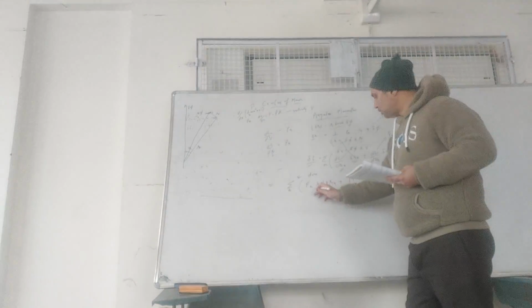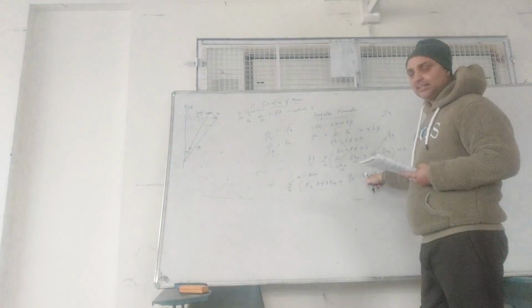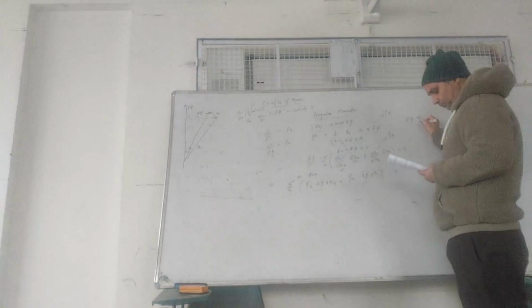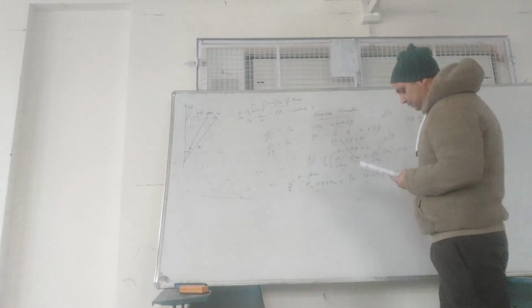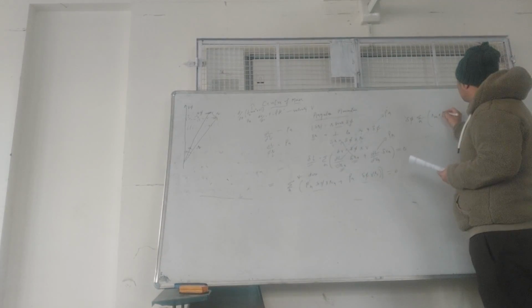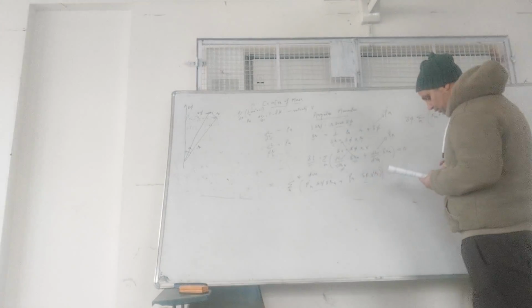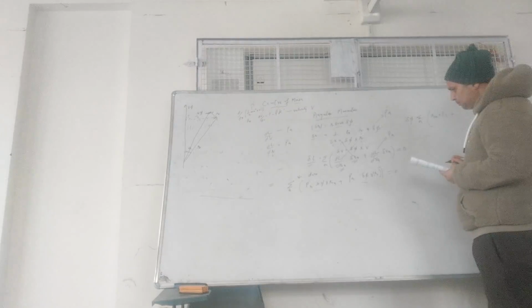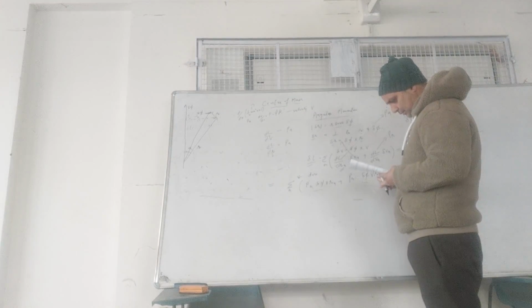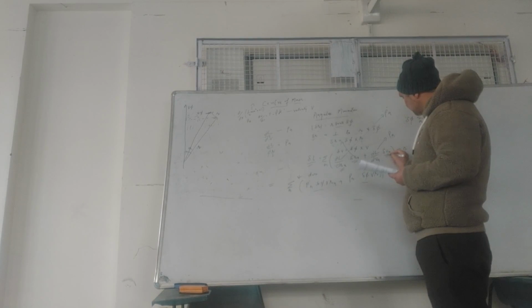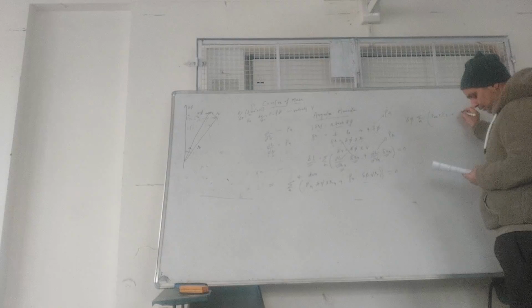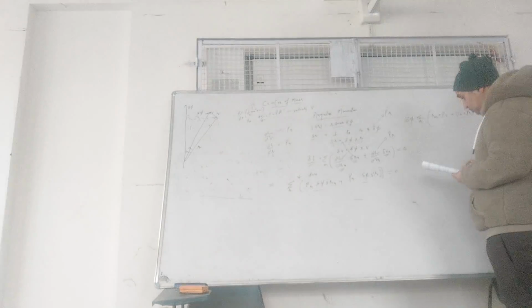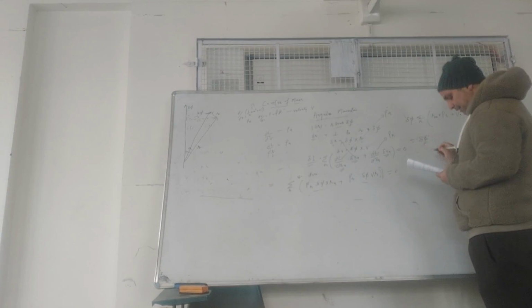Now, if you permute these two terms and take delta phi outside, we get R cross P dot plus P cross R dot, this term here, dot delta phi.